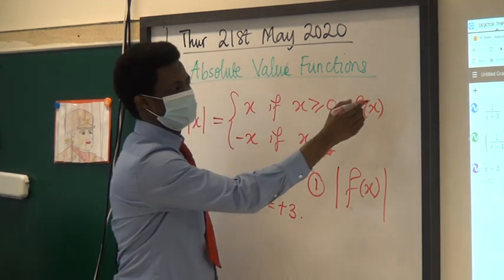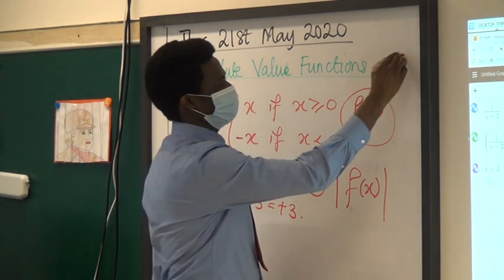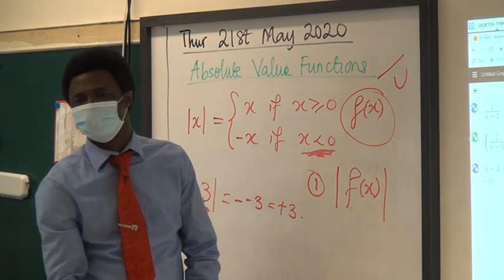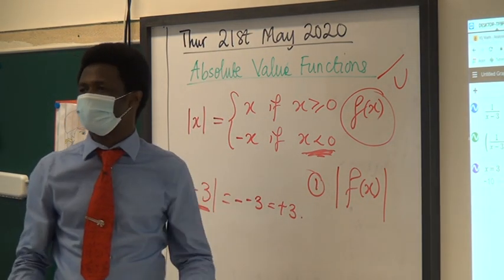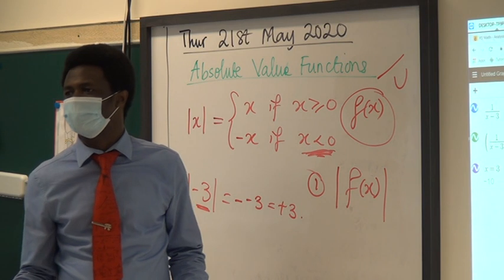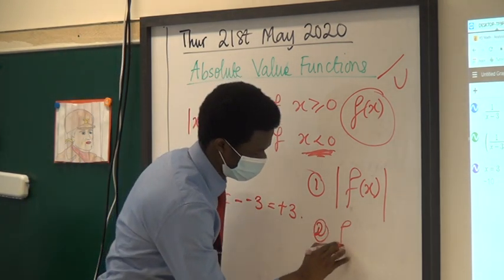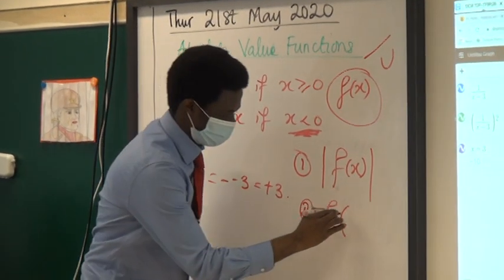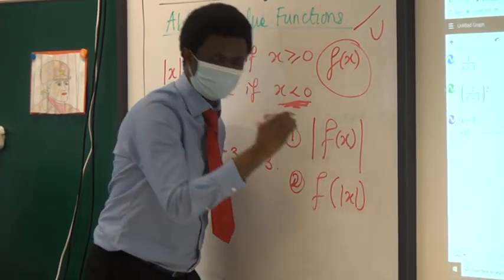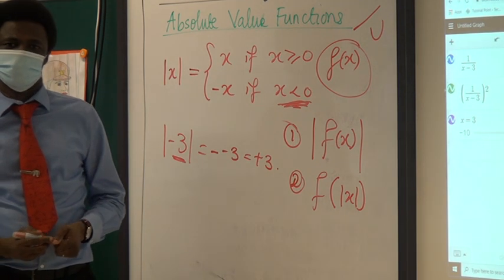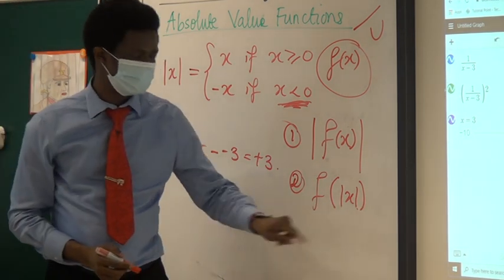Another part is, no matter what this looks like, linear, quadratic, cubic, quartic, whatever, rational function, exponential, logarithmic, we don't care. No matter what it looks like, what does it look like if we take the absolute value of the argument and not the function itself? So there are two parts to it.